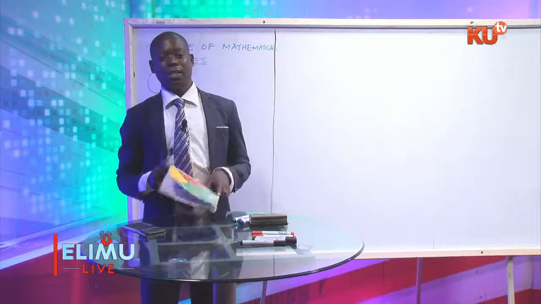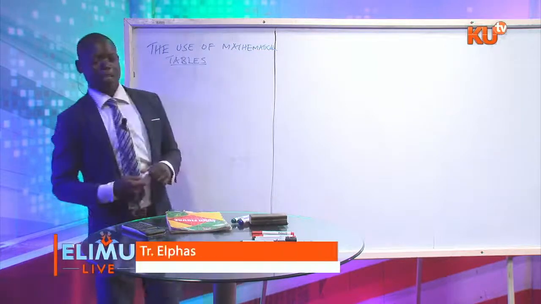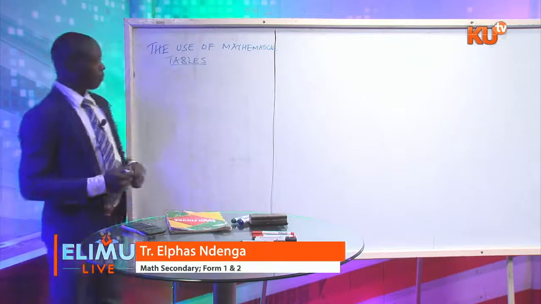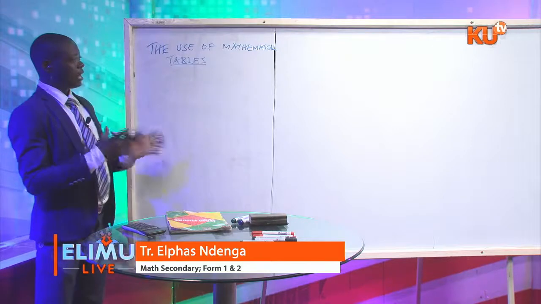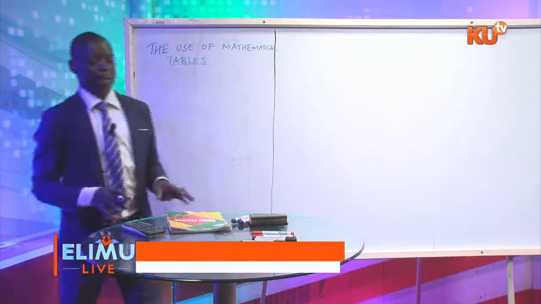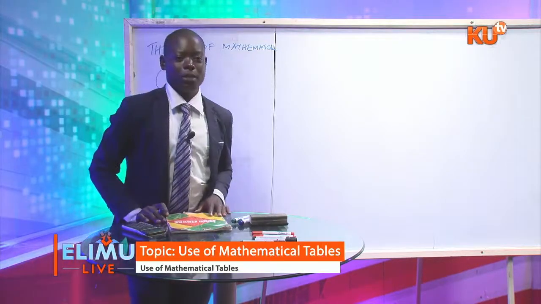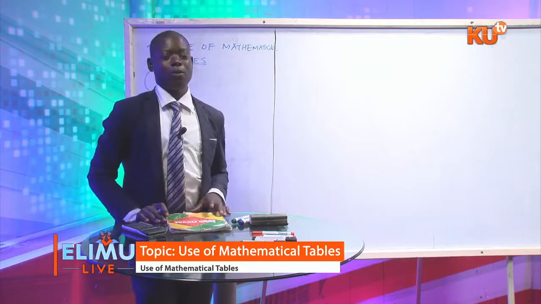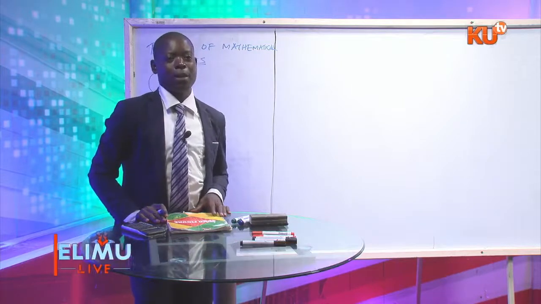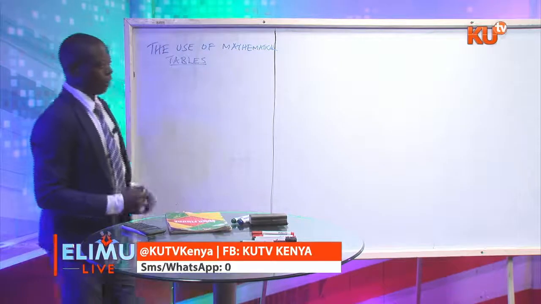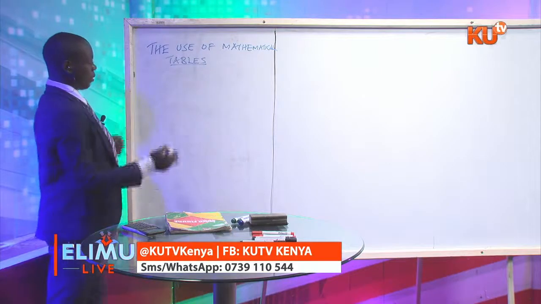So even as we start, I want to believe we are aware of how to write numbers in standard form. Since the tables cover a wide area and many topics are involved, I'm going to use a few questions to illustrate what is done in each topic, and then from there, I will give combined questions.